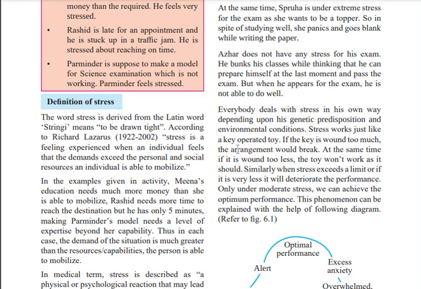Stress is one kind of feeling experienced by any individual when the resources are over. Like we all are living in India, using resources, and if the resources are over, we will be in stress, and we will mobilize to get those resources.